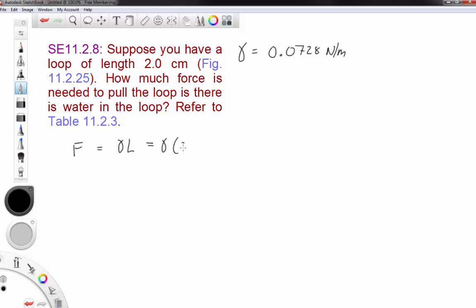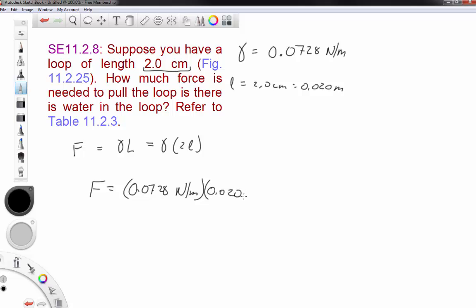So we use basically that the force is the surface tension times the length, and in this case the length is twice the length of the loop. Length of the loop is given here as 2.0 centimeters, so L equals 2.0 centimeters is the same as 0.020 meters. So the force needed is going to be 0.0728 newton per meter times 0.020 meters.